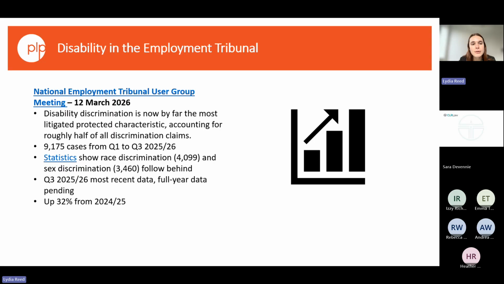So the reason really that I chose this topic today is because of the National Employment Tribunal User Group meeting minutes.